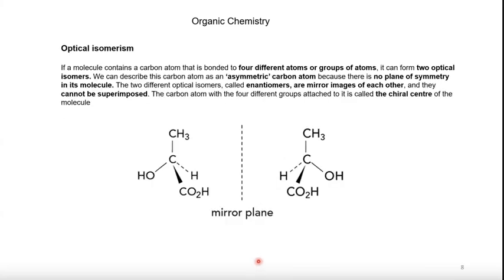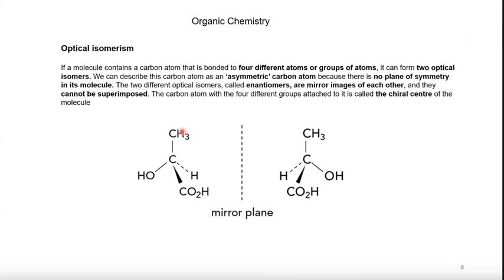And go for that, the optical isomerism. Here, if a molecule contains a carbon atom that is bonded to 4 different atoms or 4 different groups of atoms, it can form optical isomers.